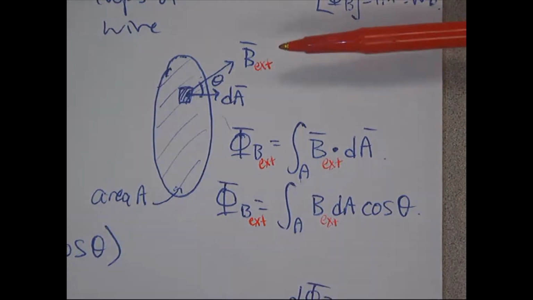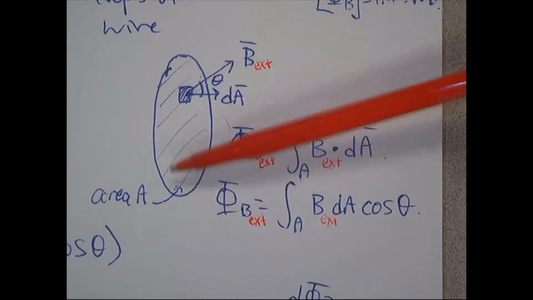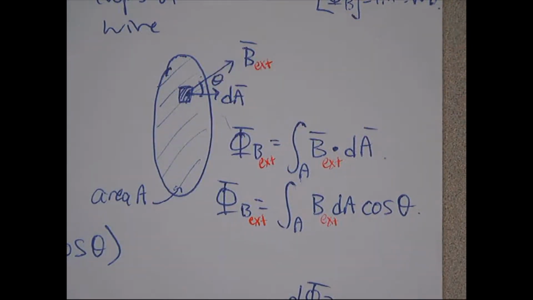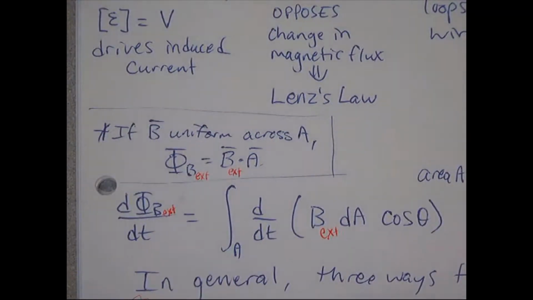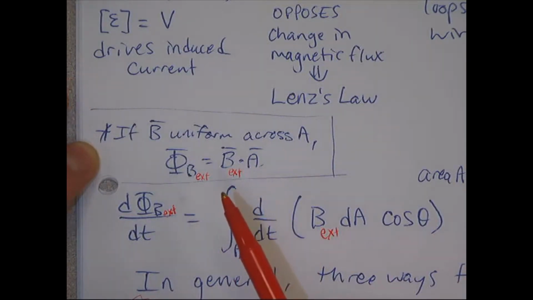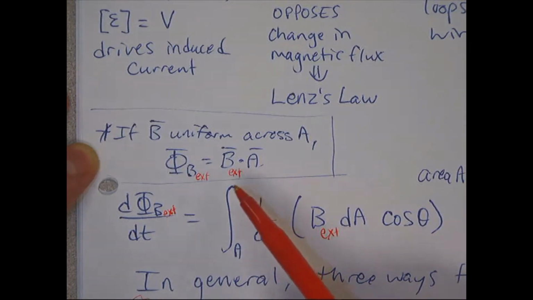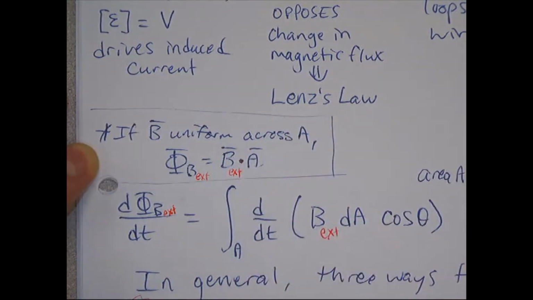That external field dotted with dA must be added up in every location across that area. Ultimately, the simplest case is where that external magnetic field is uniform across your area, which will just give you the dot product of the external field and the area vector for the entire surface A.